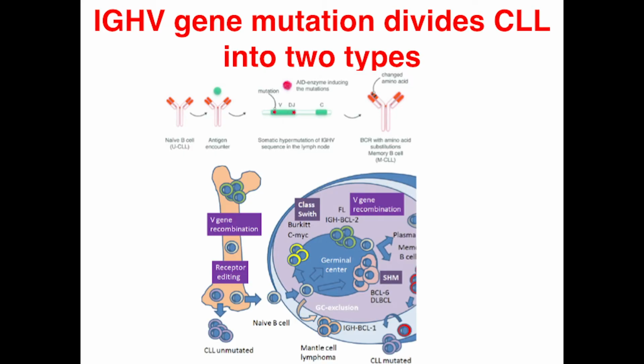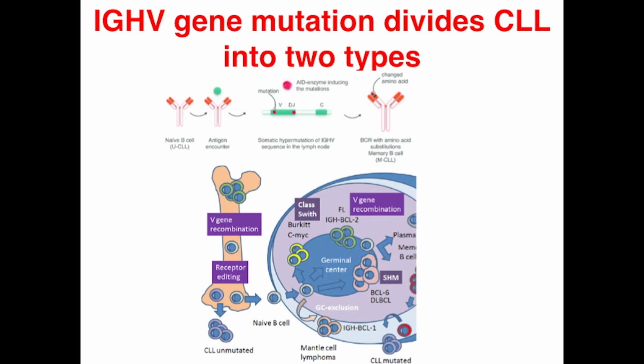When the B cell sees its antigen in lymph nodes and spleen, there's a physiological mutation that occurs. This is not a bad mutation, this is a good mutation. The mutations I talked about in the previous slide, those are bad mutations. What mutations specifically of the B cell receptor do is make the B cell receptor able to bind more strongly to its antigen.